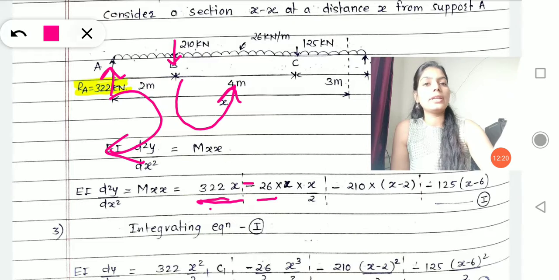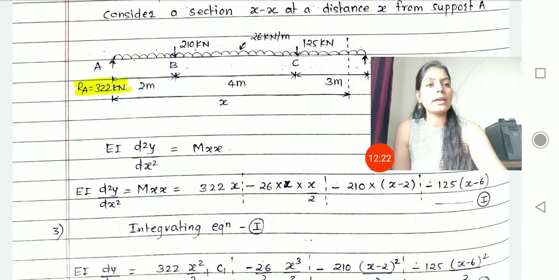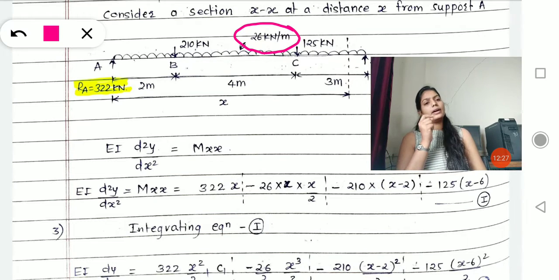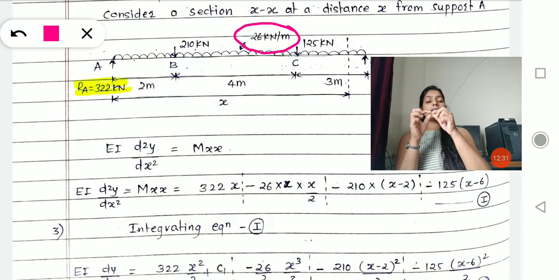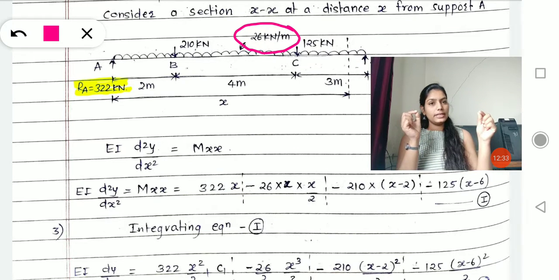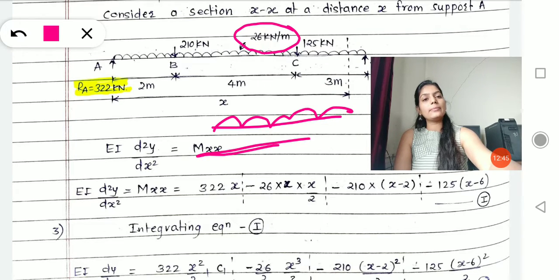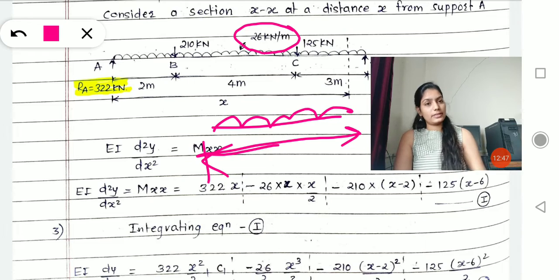Now instead of a support I have taken a UDL. When you take UDL, see here, UDL is acting throughout your span, right? And how to convert your UDL into point load? If it is a UDL, you take that UDL and multiply it with its distance. So 26 into its distance will convert it into point load.